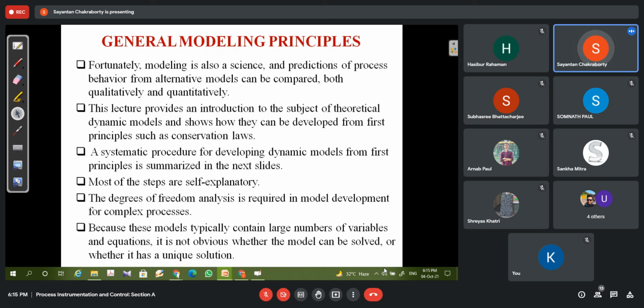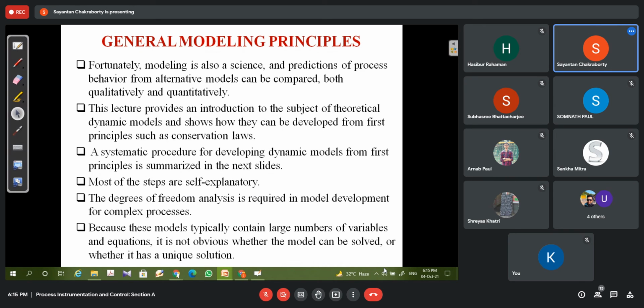Whenever you develop a model, it is your duty to ensure that the set of equations you are deriving will lead to an existing solution. The solution may be unique, or a number of solutions may exist. It is the duty of the engineer modeling the system to ensure that the equations derived are solvable. There may be different situations, which are studied by the degree of freedom analysis.